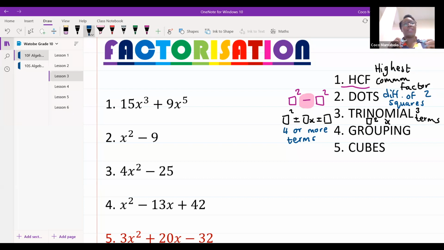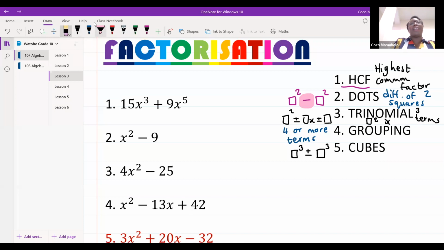And then cubes are easy. One term is cubed, and this can be a plus or a minus, with another perfect cube number. So number 1, we always need to make sure that there's a highest common factor.